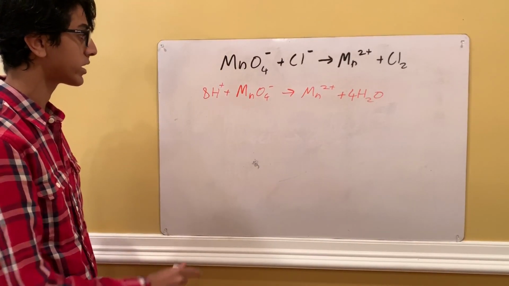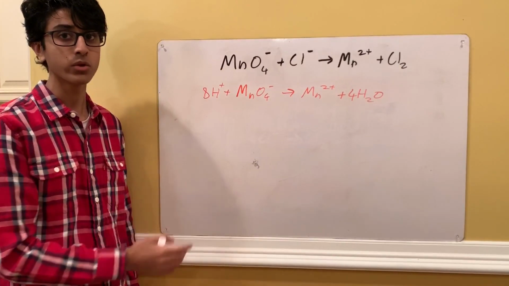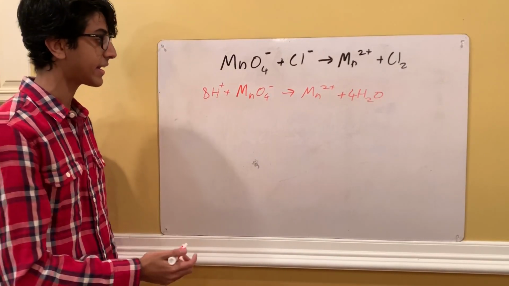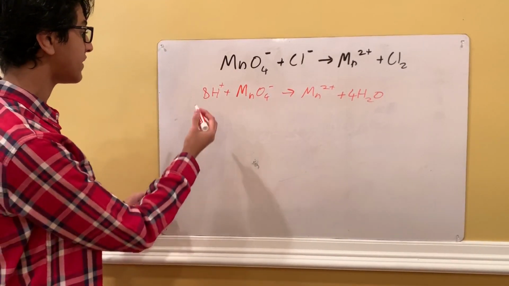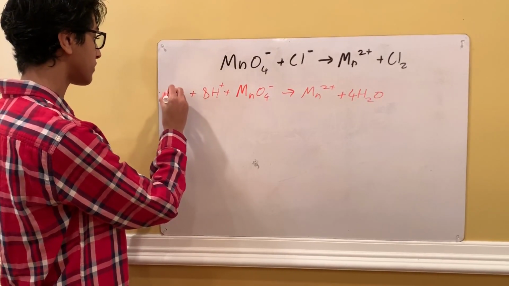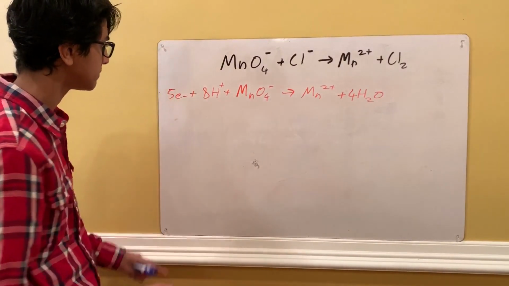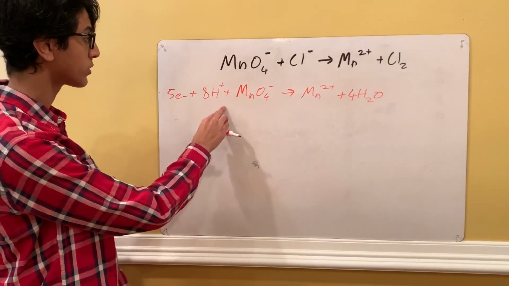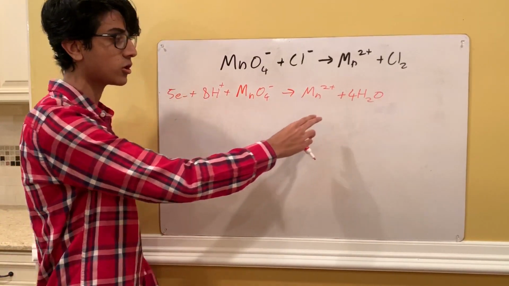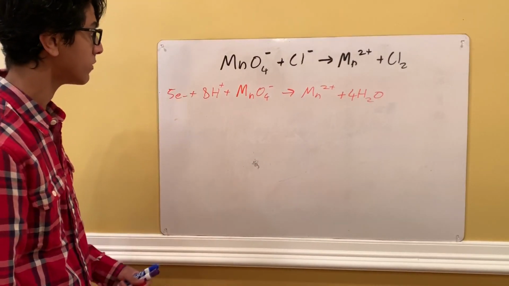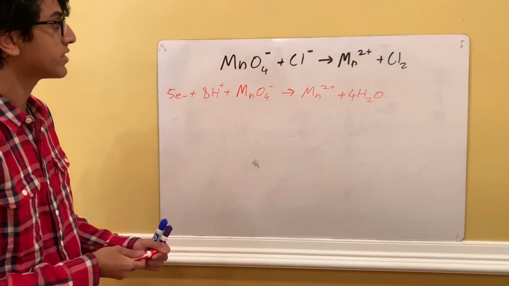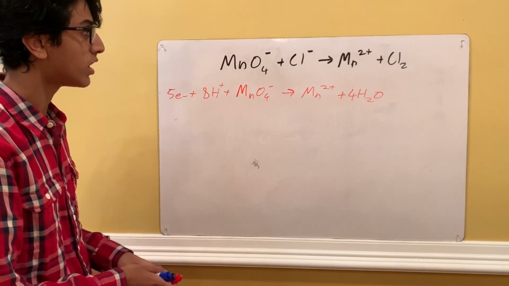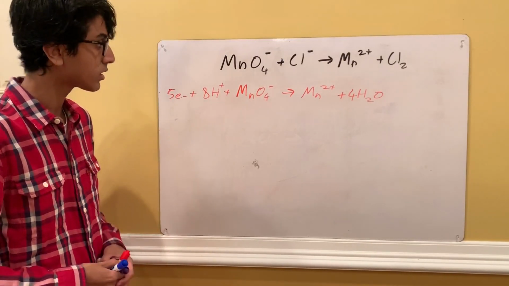To balance that out, we're going to have to subtract from this side, and we can do that by adding electrons. So we can add 5 electrons, plus 5 electrons. And now this entire side has a charge of 2 plus, and this entire side has a charge of 2 plus. And now they're all balanced out. So we're done with that equation, and we can move on to the equation for Cl.